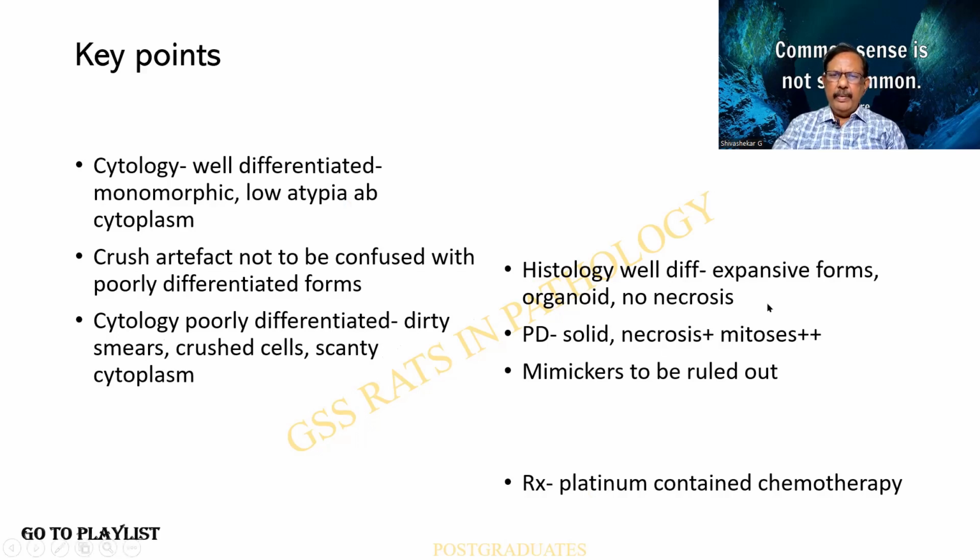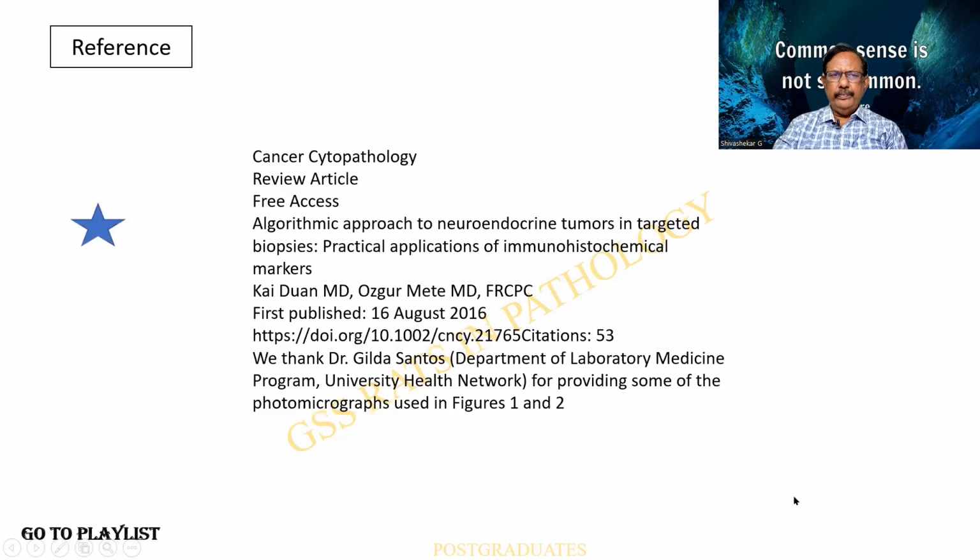In histology, there will be well-differentiated, can be expanded cell forms with minimal necrosis. Poorly differentiated, increased necrosis, increased mitosis. Mimickers to be ruled out. And nowadays, all these are essential for platinum-containing chemotherapy. So this is one of the references.